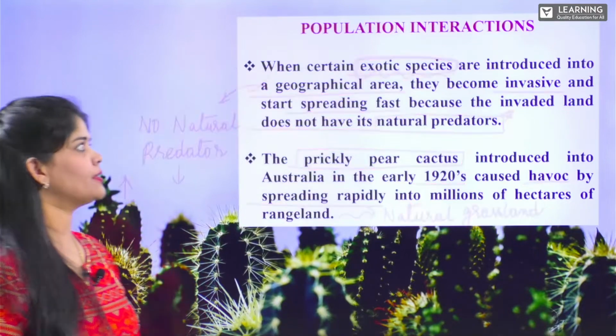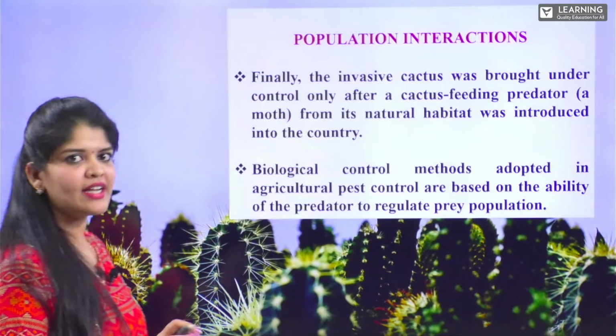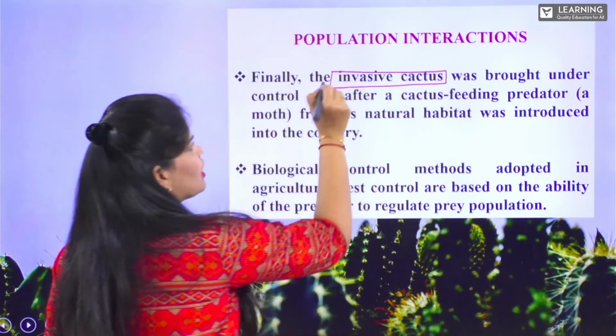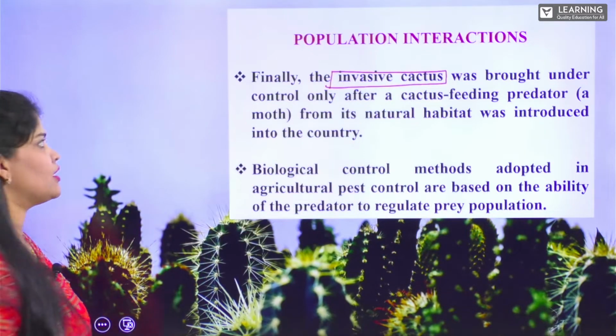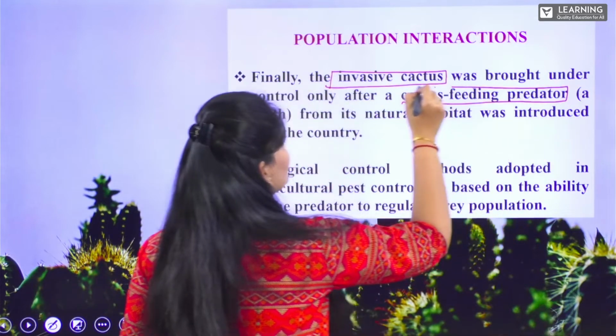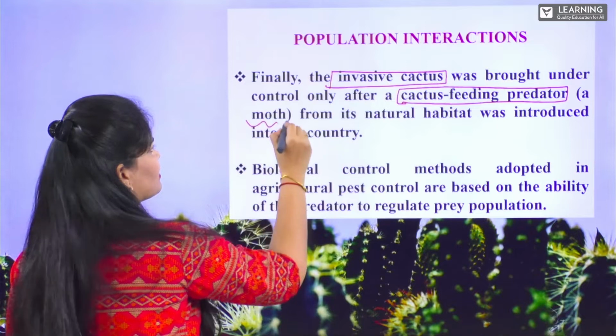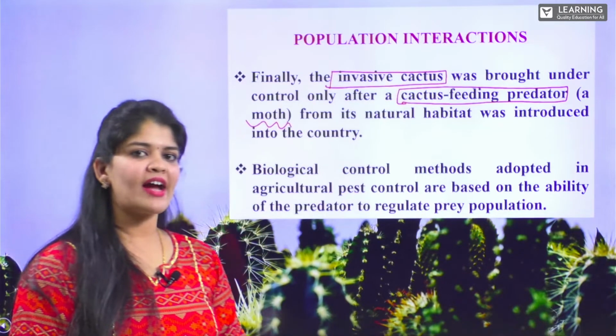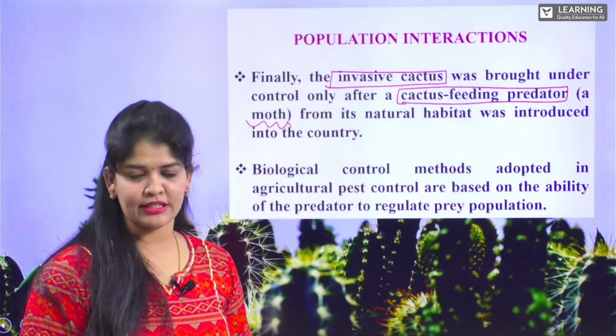Now what happened? Look here. Finally, the invasive cactus was brought under control only after the introduction of its predator, that is the moth. As a natural predator was not there, there was very fast spreading of this cactus.